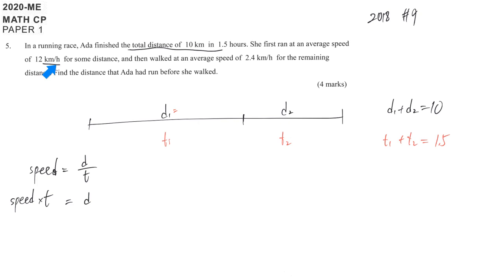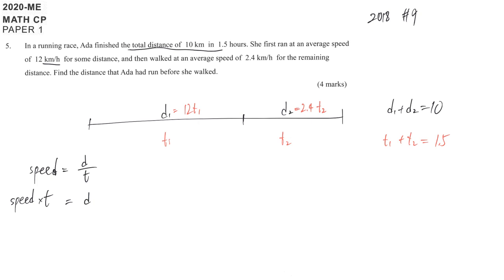In the first section, each hour 12 km, which means that T1 hours gives us 12 T1. D2 is equal to 2.4 km per hour times the hours T2.